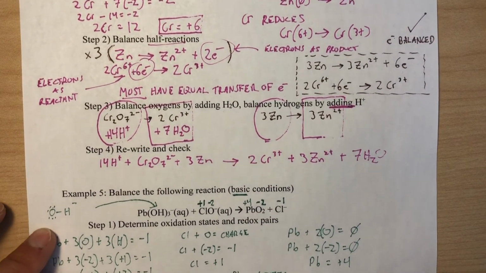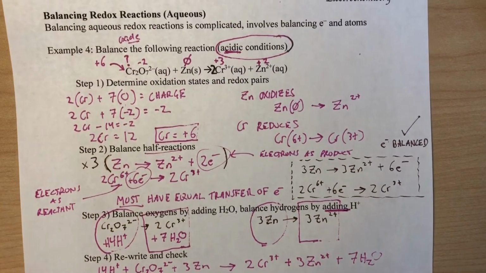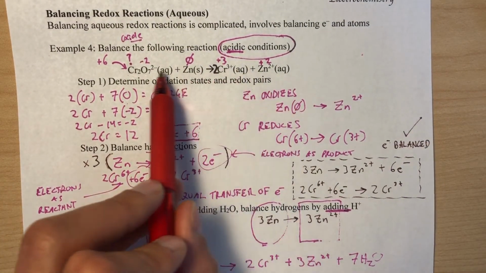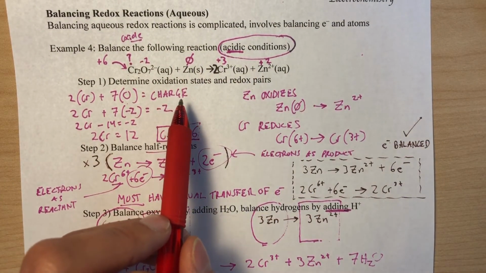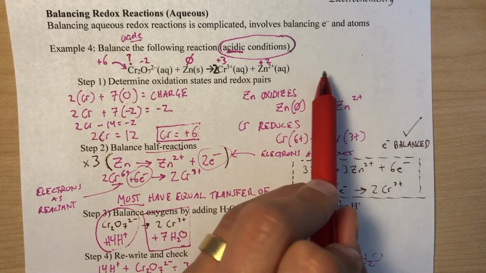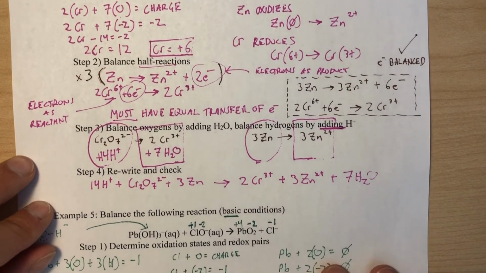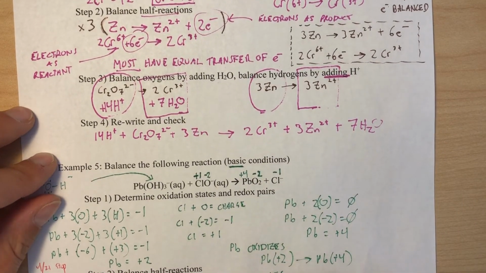In the next step, now that we have our electrons balanced, we can look back up to this reaction and say that something else is unbalanced. That something else is oxygen. There's no oxygen in the product. Now we have a few steps that we need to follow in order to successfully balance oxygens.